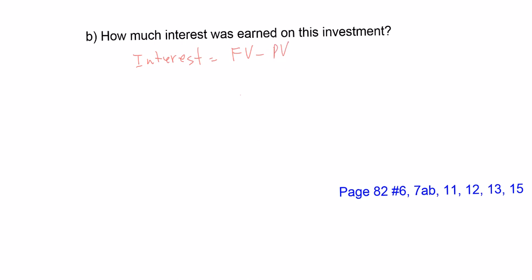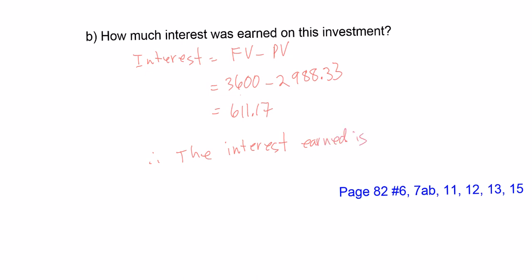So we end up with $3,600 minus $2,988.33, and that gives us our final answer of $611.17. Therefore, the interest earned is $611.17.